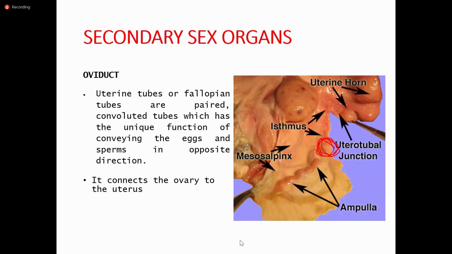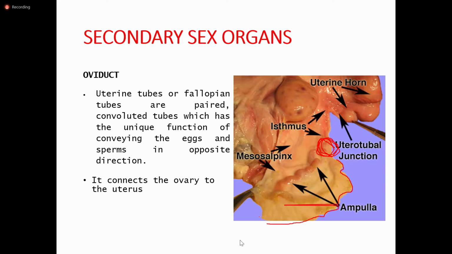Okay, and aside from that, the picture on the right side of the screen shows you the dissected oviduct, from the ampulla going to the isthmus. I just want you to note this fringe-like structure here.